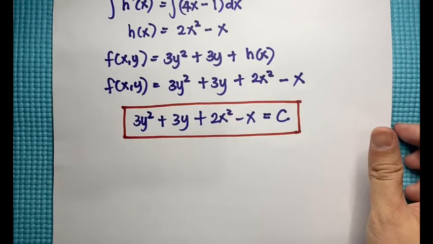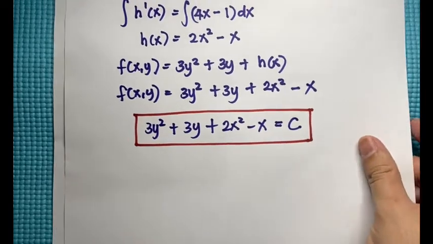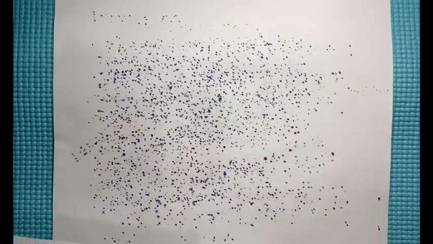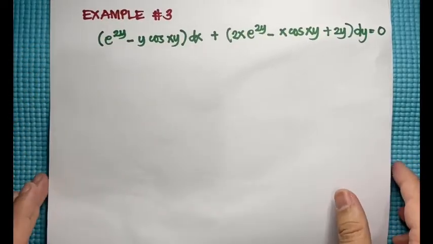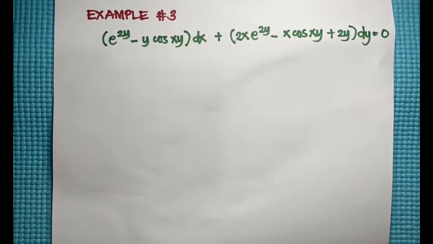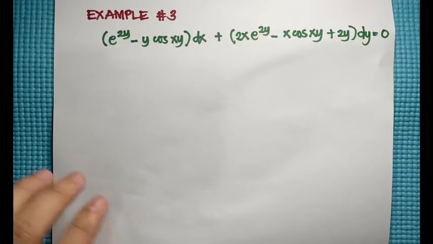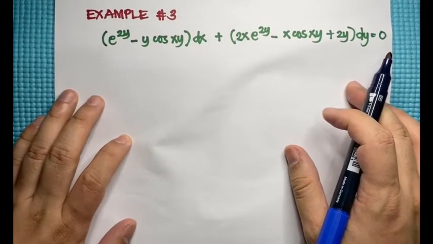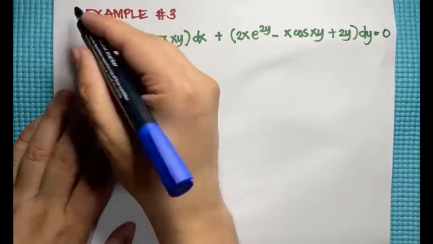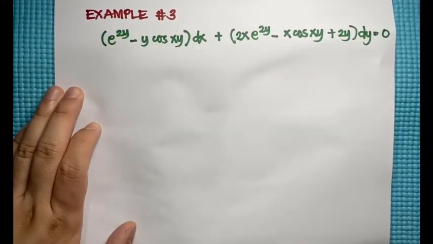Next, we'll proceed with another example, but this time it's a bit longer, okay, but we will be arriving again at the same method of solution. The first step again is to identify.